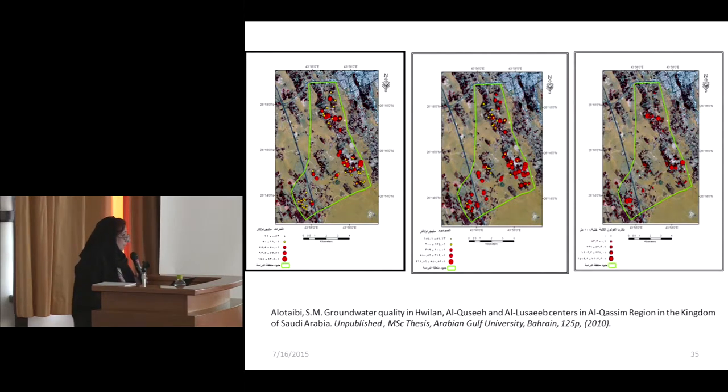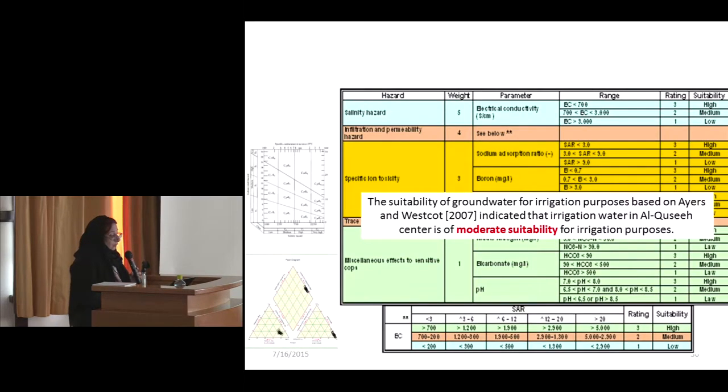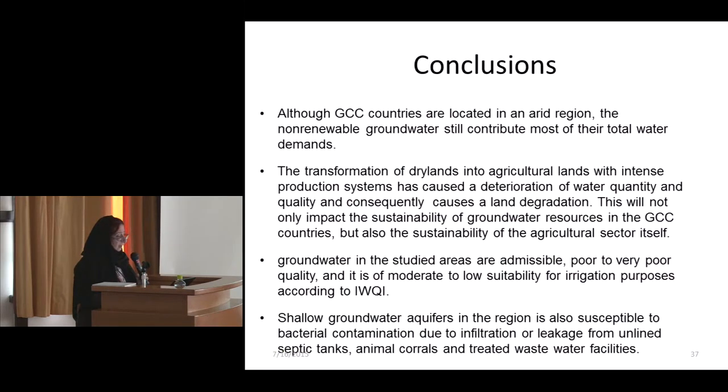That means it is used for drinking, not only for irrigation. So we did all the analysis, and we used the FAO irrigation water quality index according to these kinds of indices. It is of moderate suitability for irrigation, but still we have a problem of bacterial contamination in some areas.